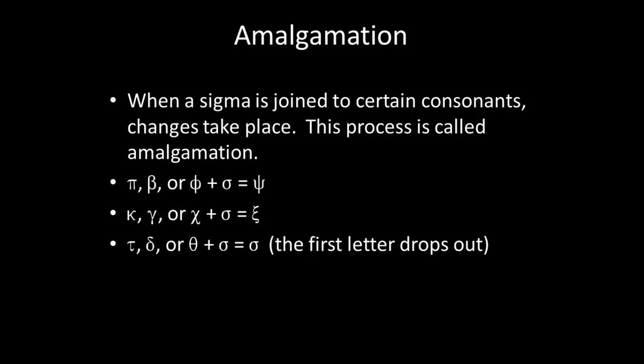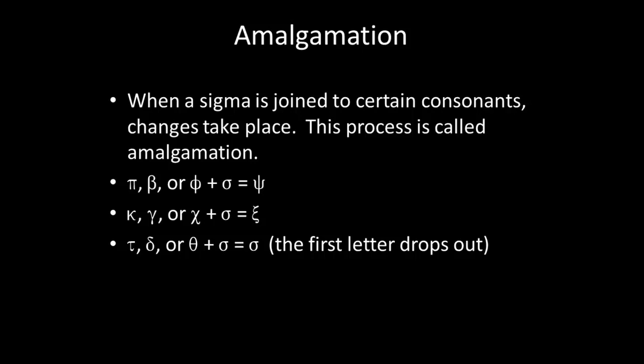And then if you have a tau, delta, or a theta plus a sigma, it simply results in sigma. The tau, the delta, or the theta simply drop out. You might think of the tau, delta, or theta being intimidated by the sigma. The sigma is a bit of a bully, if you will, when it comes to tau, delta, or theta. So pi, beta, phi plus sigma equals psi, kappa, gamma, chi plus sigma equals xi, and tau, delta, theta plus sigma equals sigma.